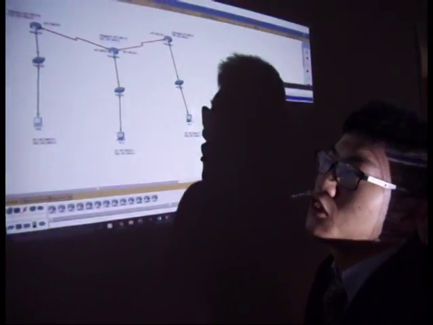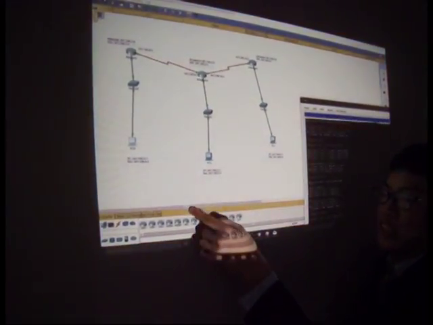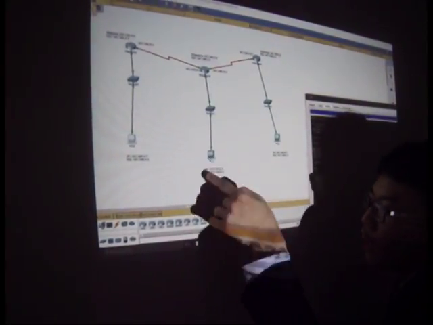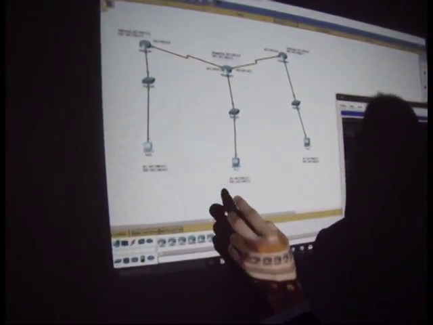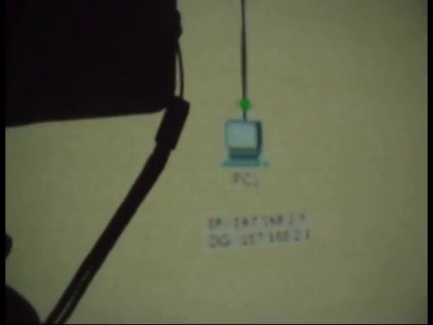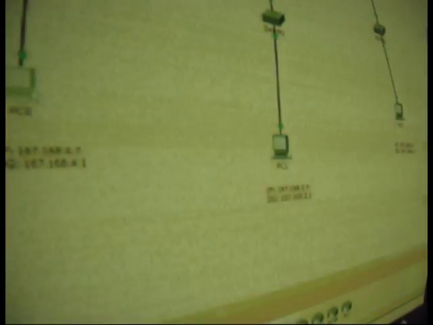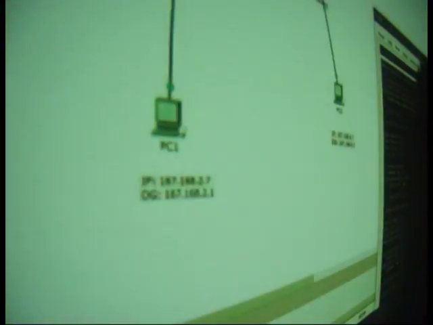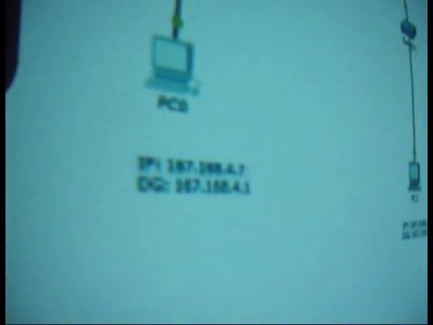So right now we're going to test whether the Malaysian host can connect to the Singapore host. As you can see, the Singapore host IP address is 167.168.2.7. So we're going to ping that address and see whether it gives us a reply.